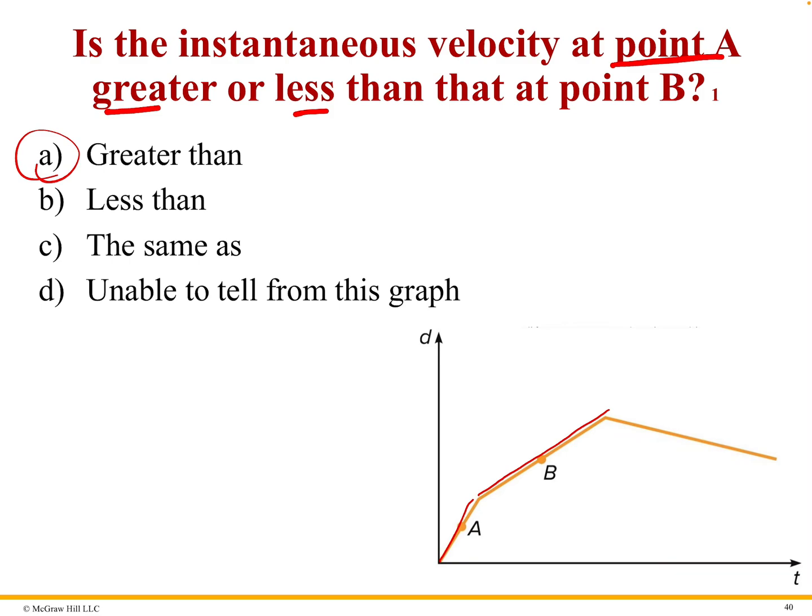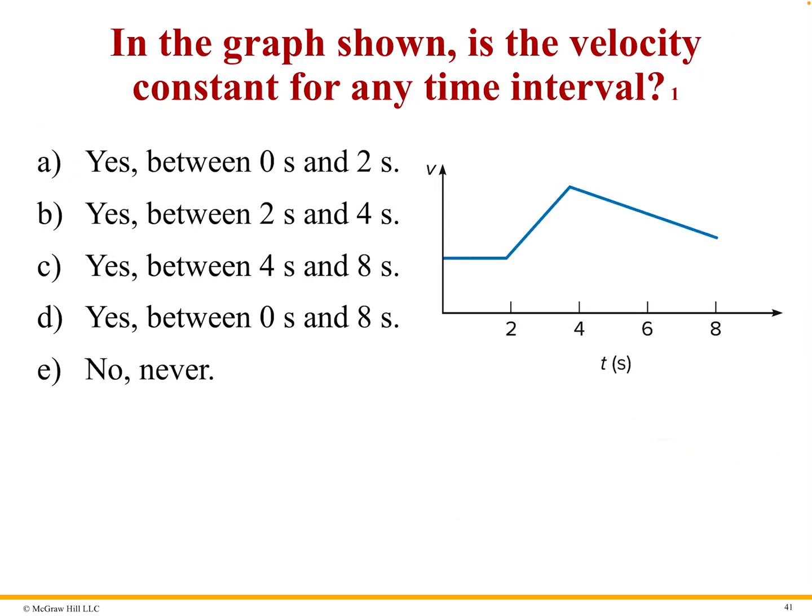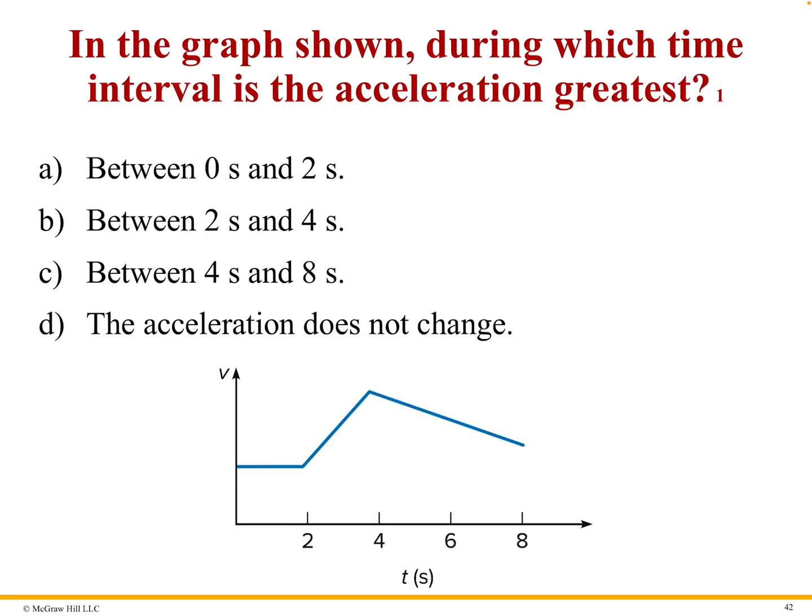Yeah, see, I don't give you the answers from that one. So here we've got, in this graph, is the velocity constant for any time interval? Well, does it look like it's constant at any time interval? Yeah, it's this constant velocity between 0 and 2 seconds.